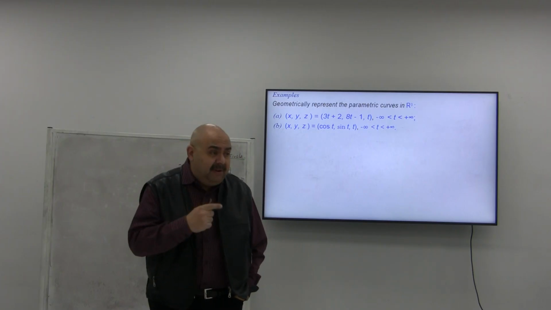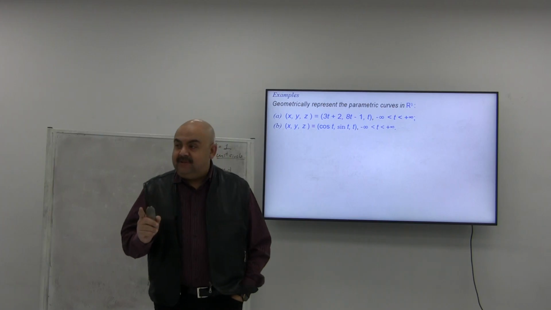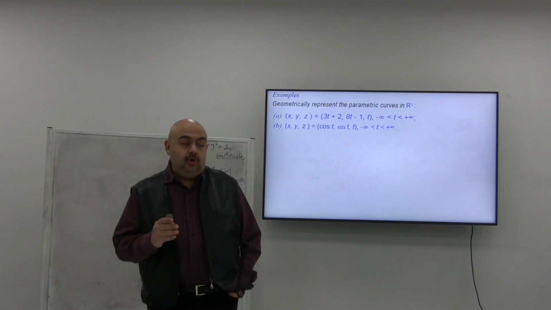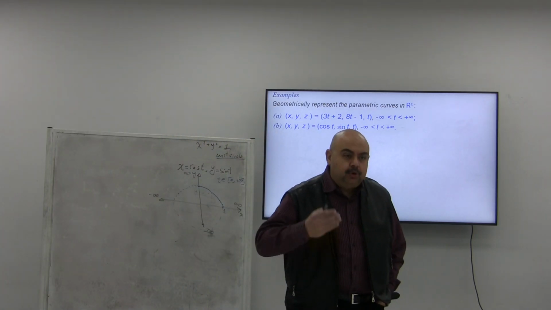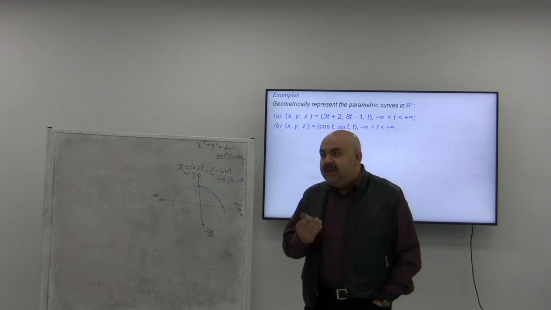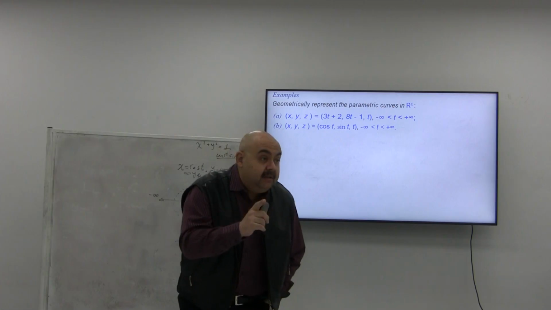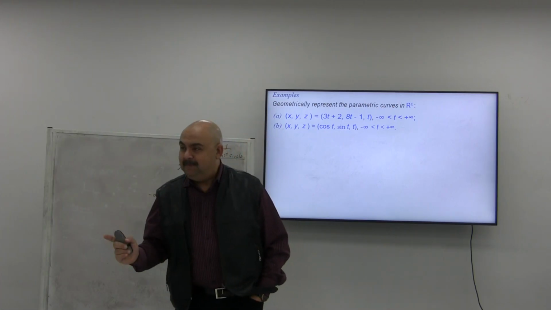You already had it previously in parametric representation. I believe in the previous lecture I said something about it, and also in chapter 8 in linear algebra we talked about this. That's an equation, if you remember, of a straight line in parametric form.